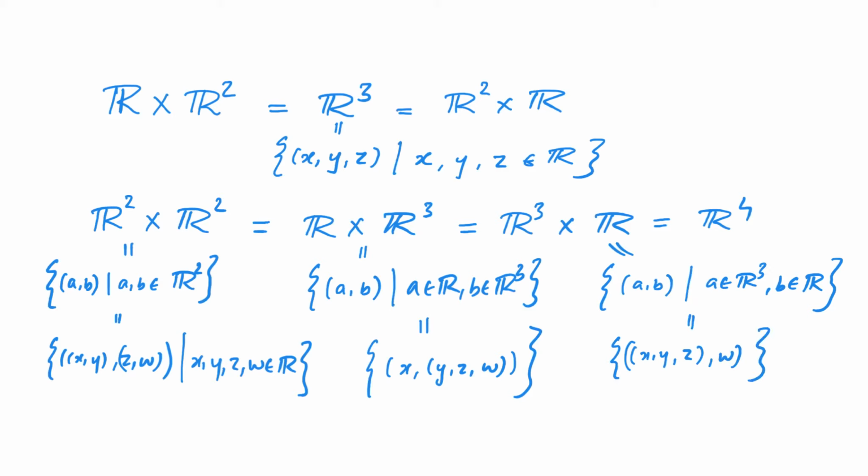Once again, the numbers x, y, z and w are real numbers, but I am not going to write that specifically. So this is the way in which you should look at the three sets R2 cross R2, R cross R3 and R3 cross R. But we will identify these three sets and call it R4. And for convenience, we will often denote R4 as the set of all (x, y, z, w) such that x, y, z and w are in R.